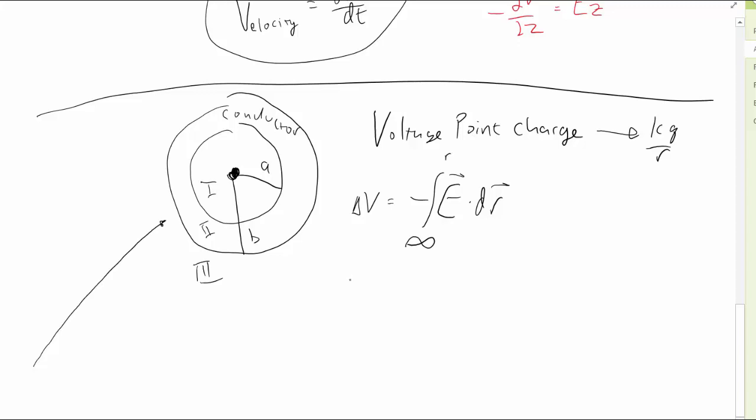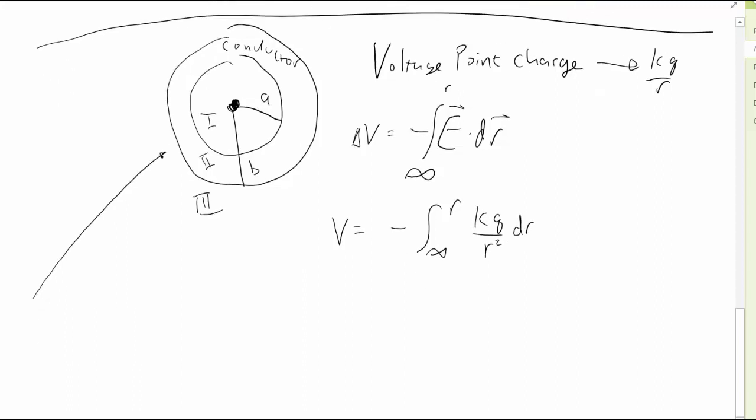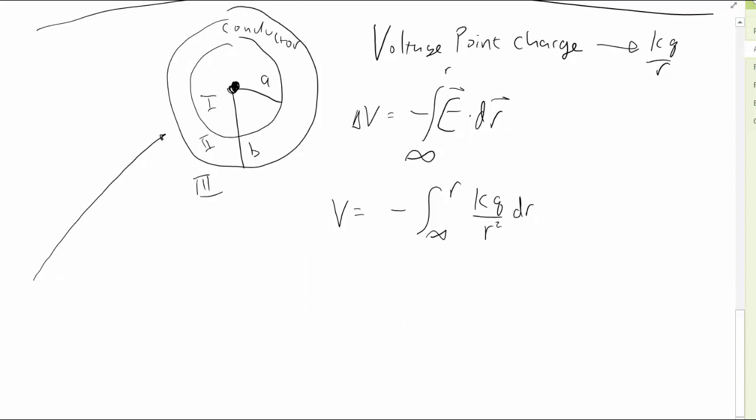So now we can look at this and say, well, if we're comparing to infinity, V is going to equal minus the integral from infinity down to R of KQ over R squared dr. That's an R to the minus 2, which becomes an R to the minus 1, but not before we lose a minus sign in there.